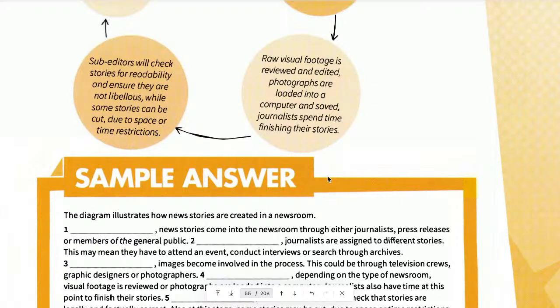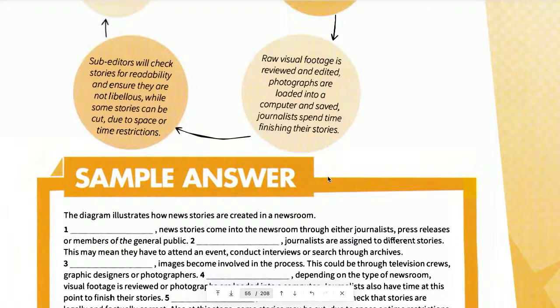They'll check stories for what? For readability. You see, they don't do some kind of important things. They just check for readability. You understand readability? Some editors will check stories for readability.